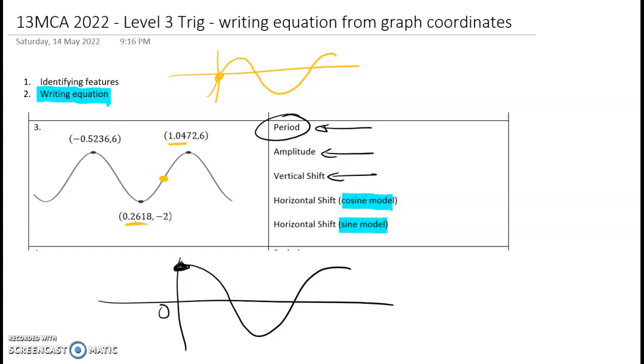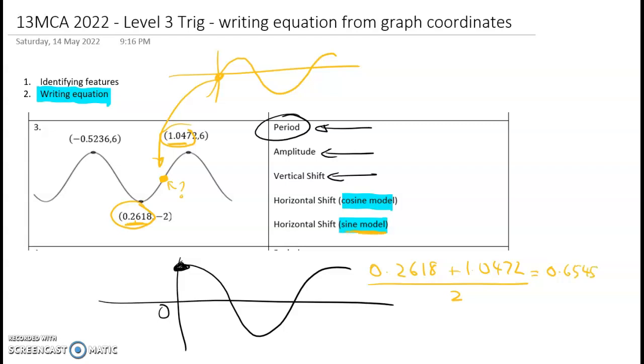So here's my basic sine curve. I'm trying to map this onto this. I need to find the coordinates of that point, and it's whatever that x value is. That's not hard to do because it's going to be halfway between this one and this one. So 0.2618 plus 1.0472, divided by 2, gives me 0.6545.